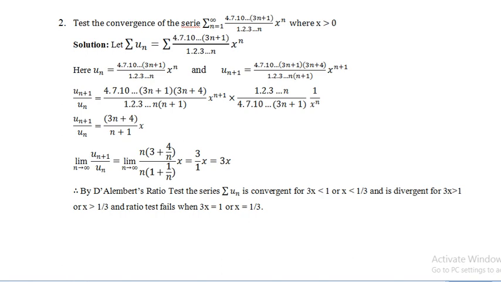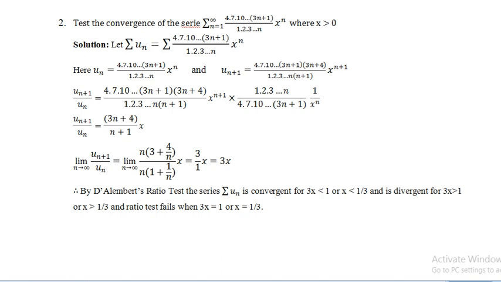Here 4, 7, 10 up to 3n plus 1 appears in both, so these two terms cancel out. Similarly 1, 2, 3 up to n cancels out as well.